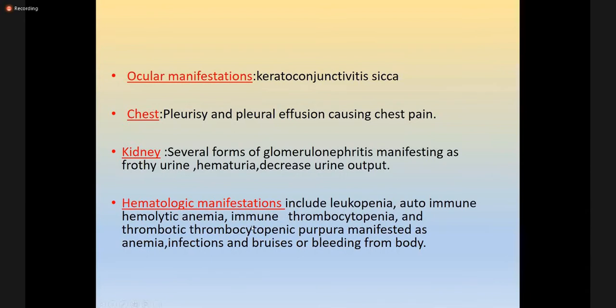And thrombotic thrombocytopenic purpura. This entity is slightly different in that it usually causes antigen antibody complexes, leading to the destruction of thrombocytes, that is platelets, leading to the formation of purpuras all over the body.